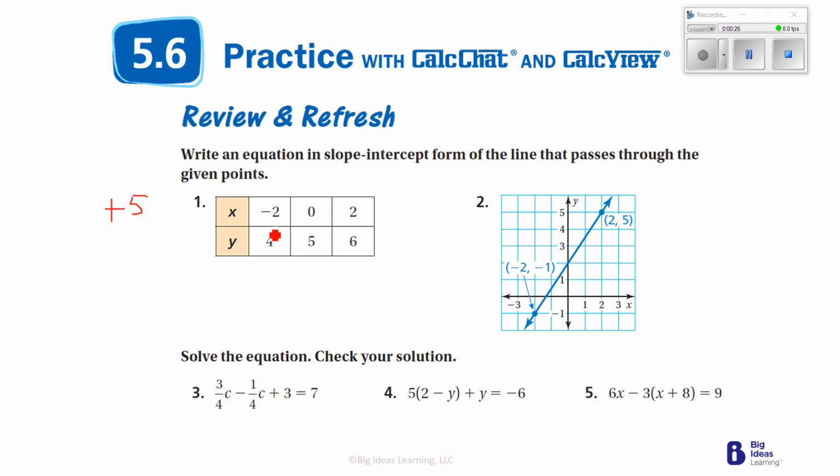We can take the slope formula, any two of these points will work. Remember, it's y2 minus y1 over x2 minus x1. And let's just try this one, 5 minus 0.